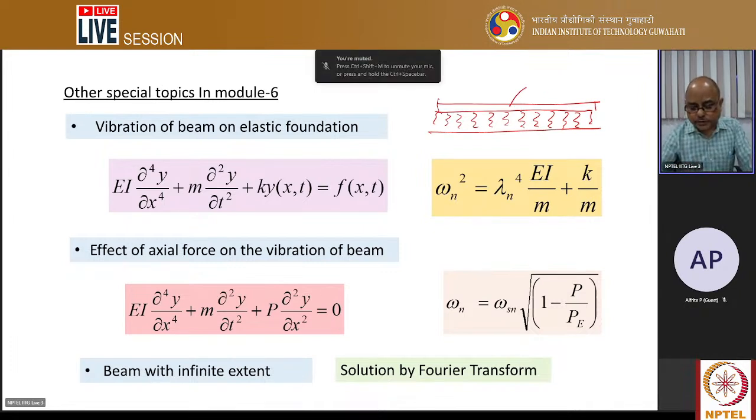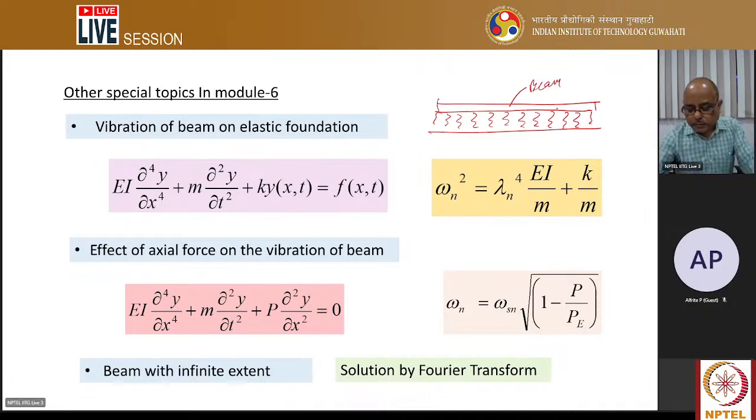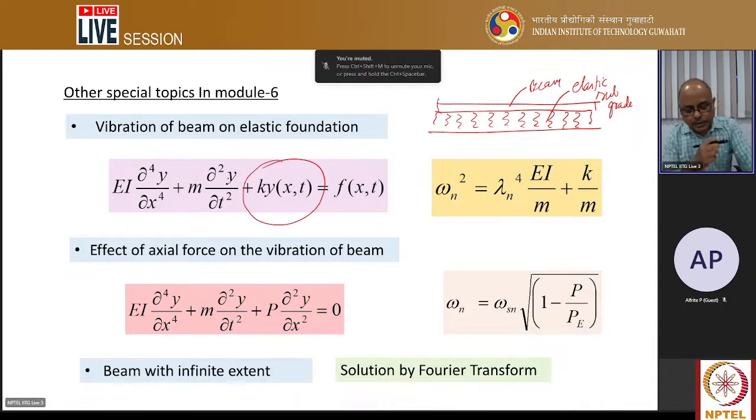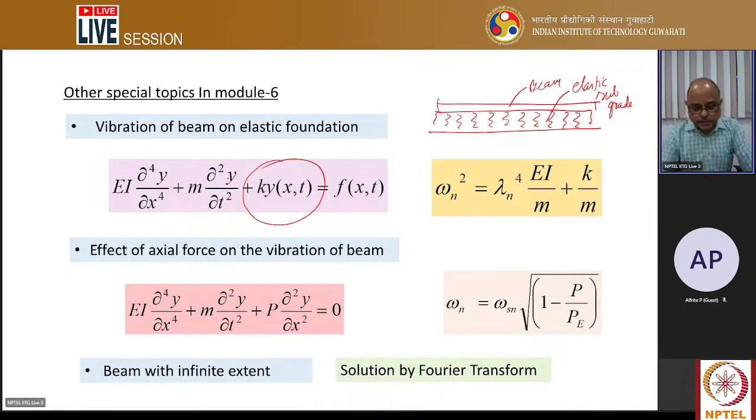So elastic foundation. So in the equation of motion, this is the beam, and this is the elastic foundation, or elastic subgrade, as we sometimes call it in the case of pavement. So the equation of the beam is modified by including this expression k y x t. This represents the additional spring force. That means the net load on the beam, that is acting here as f x t, will now be reduced by k into y.